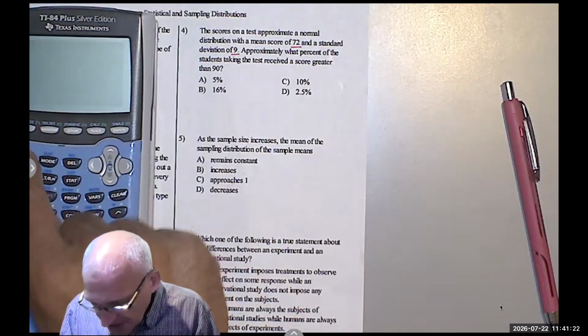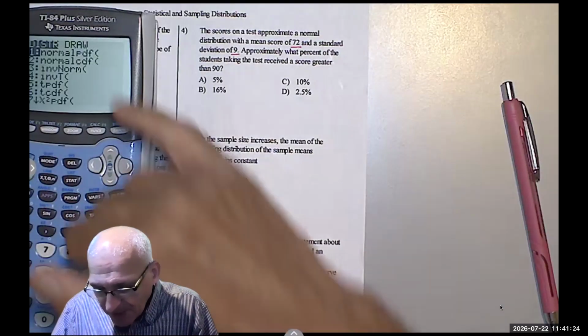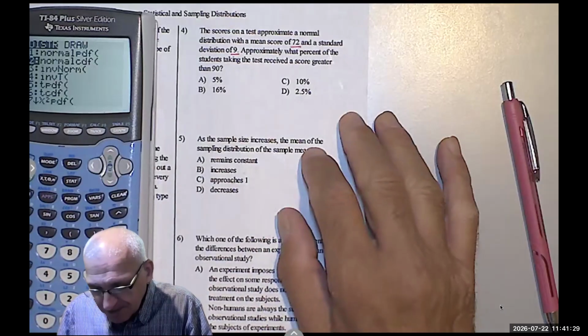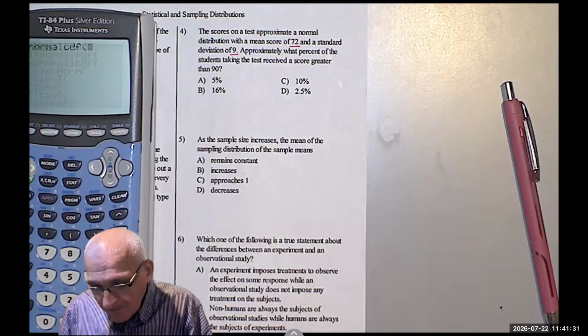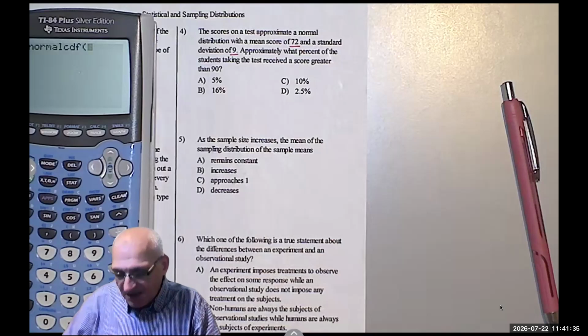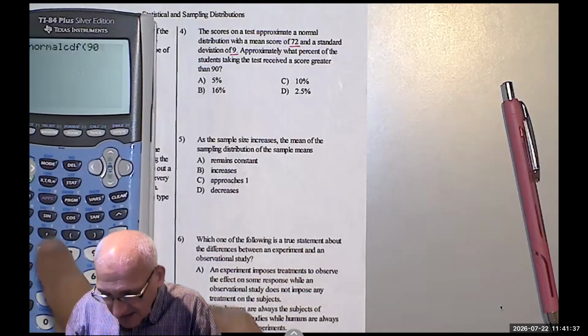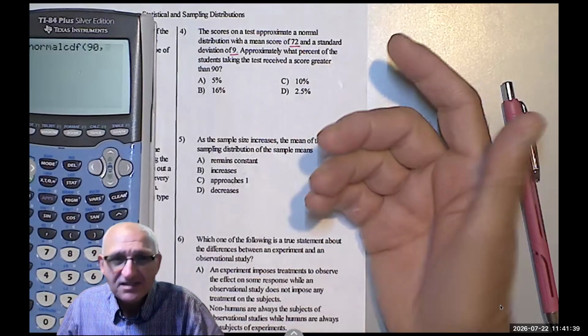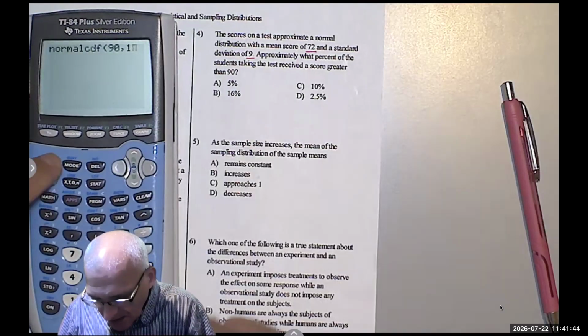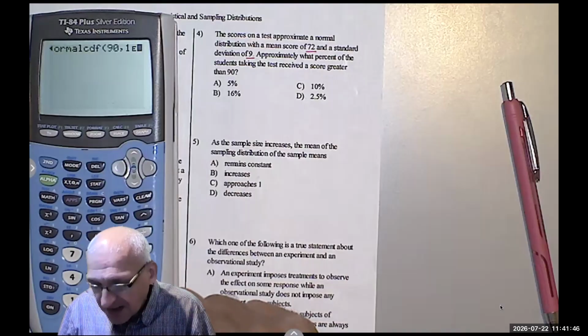We go to distribution and we get the normal cumulative distribution. We enter the lower limit. We want above 90, so we can say 90. And then we want to enter infinity. We can't enter infinity, so the best way to do it is to say 1 EE 99.